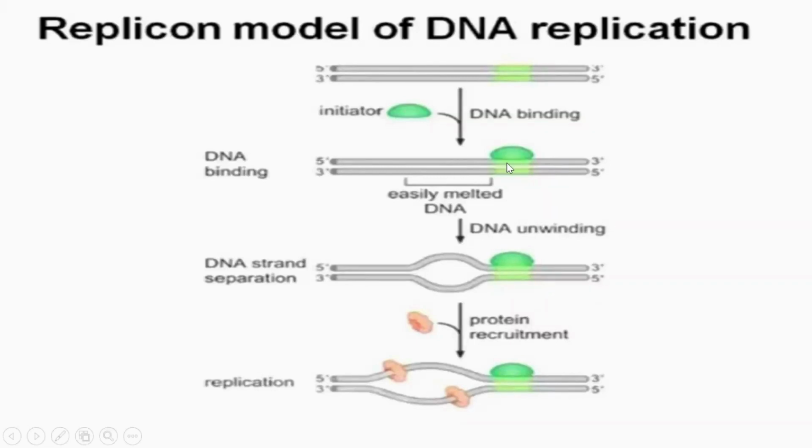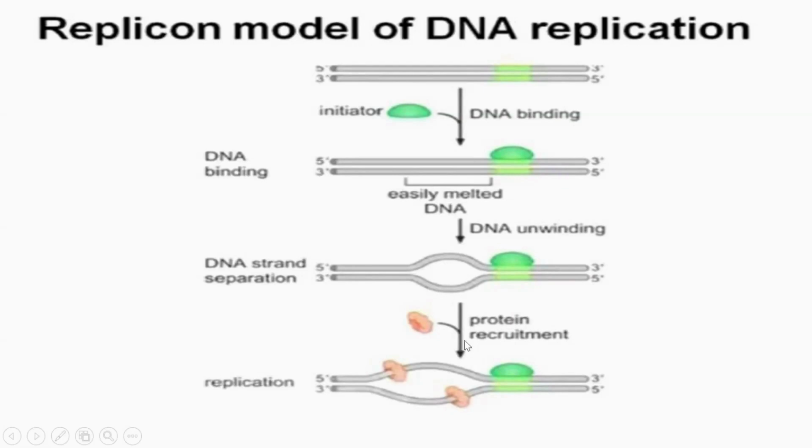And the DnaA protein is involved in the initiation of the DNA replication by binding with the DNA. By the binding of the DnaA protein, the two strands of the DNA molecule are separated by breaking the hydrogen bonds. Here, the DnaA protein acts and the initiation of the DNA replication starts.